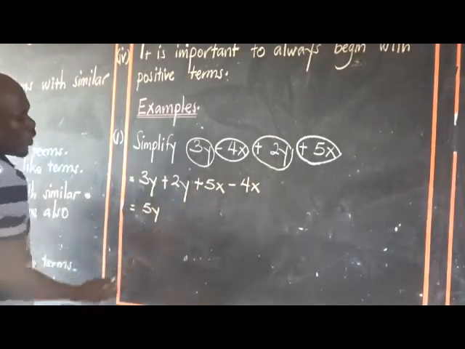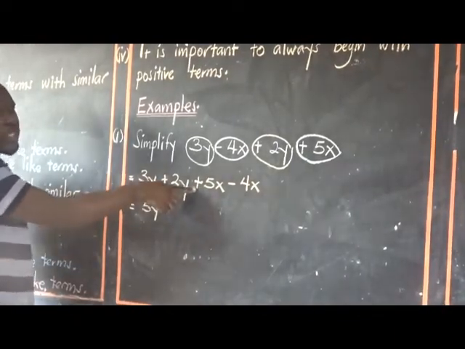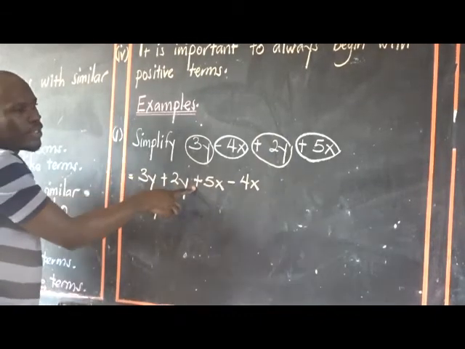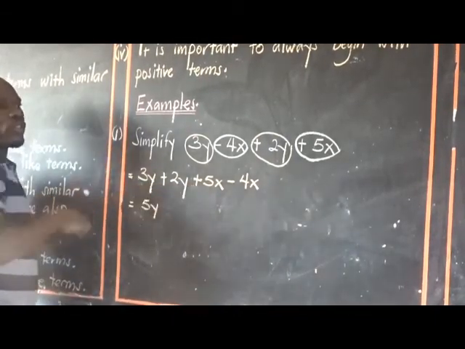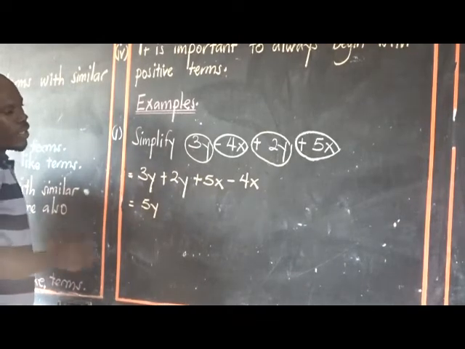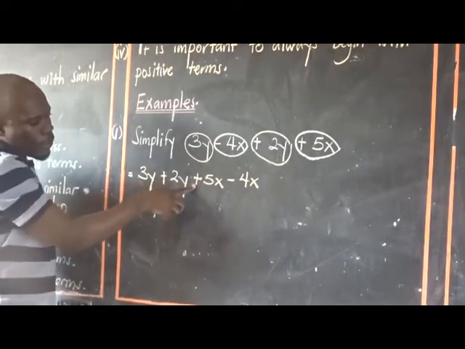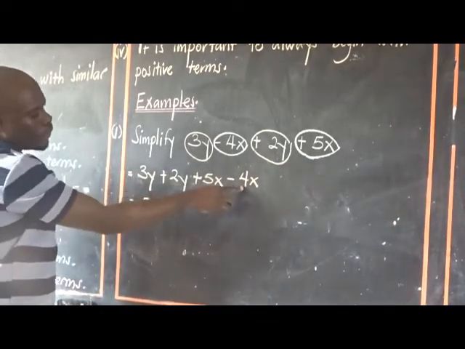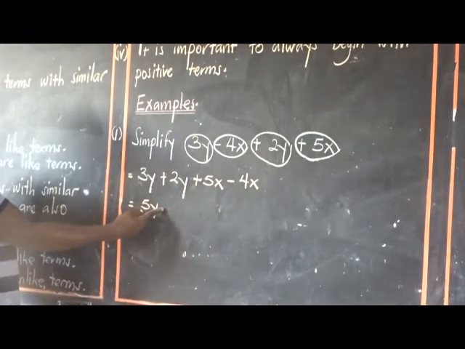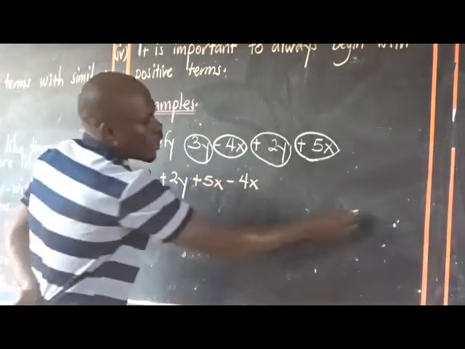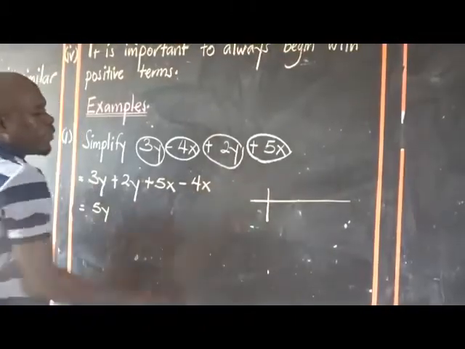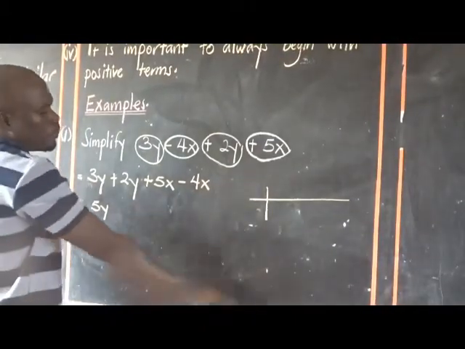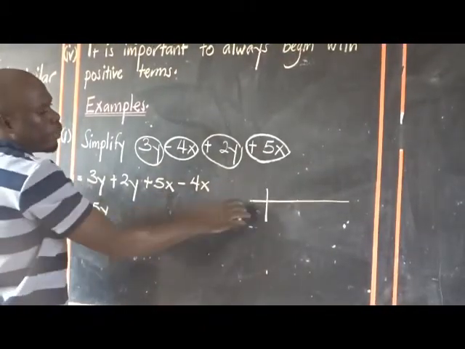Now, when we come here, remember we are dealing with integers. Integers and algebra are inseparable, so make sure you go back and revise integers. Here we are looking at positive 5 and negative 4. So before we bring here the answer, it is important that we use the mapping method so that we can have the best answer possible. Here we are having 5 positives.